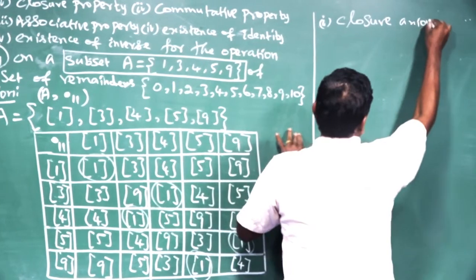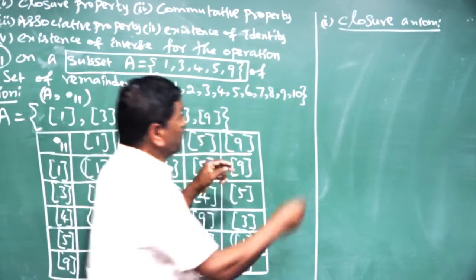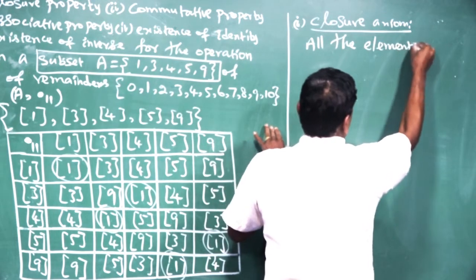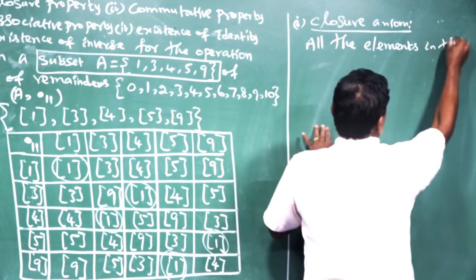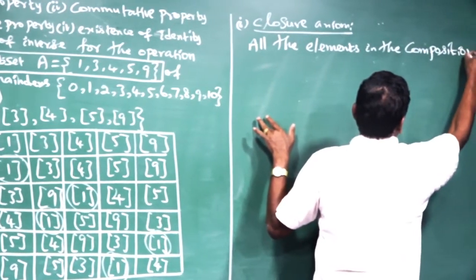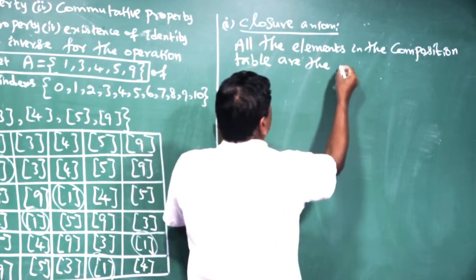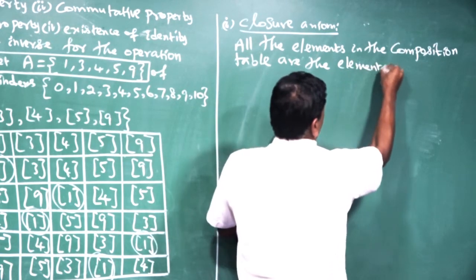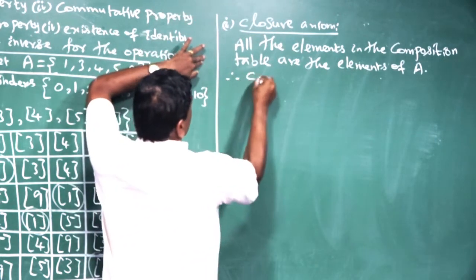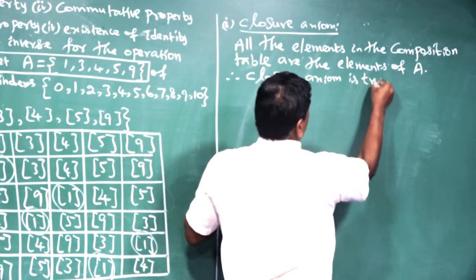All the elements in the composition table are the elements of A. Therefore, closure axiom is true.